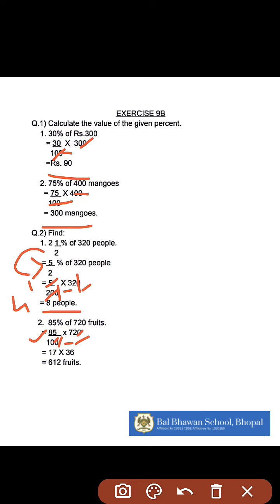So we are left with 10 in the denominator, which is a multiple of 5. So 5 2s are 10 and 5 17s are 85. Then 2 1s are 2 and 2 36s are 72. So you are getting 17 into 36 left, which is 612 fruits.